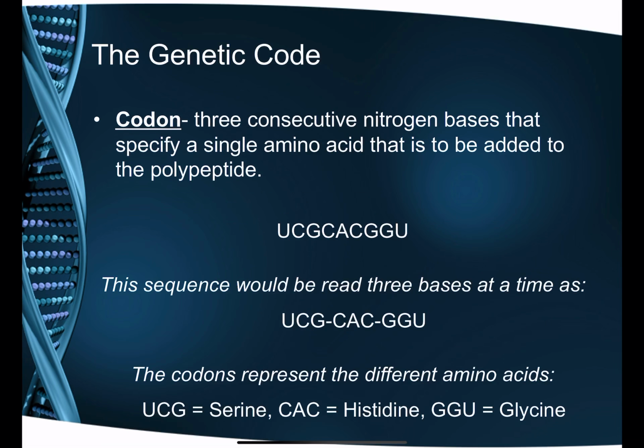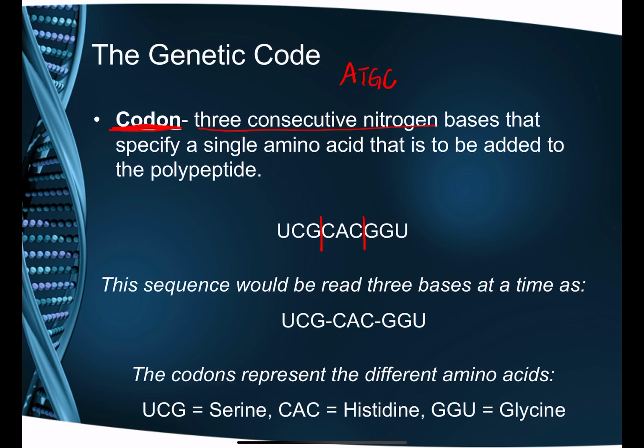So, when we put these letters together, these nitrogen bases, these A's and T's and G's and C's, we make something called a codon. So a codon is a group of 3 nitrogen bases.